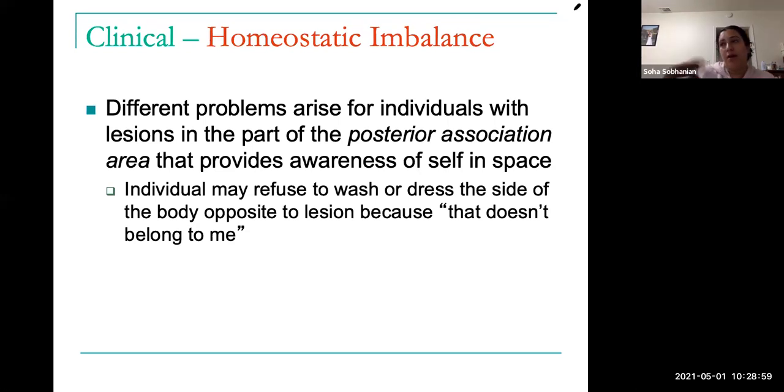Basically they say, this is not part of my body. They can see it's attached, but their brain says, no, this is not part of you. So they refuse to put clothes on because they believe that's not part of them, which is really creepy. Can you imagine the argument that happens inside? Your eyes tell you that your arm is attached to your body, but your brain says, no, this is not you. That always freaks me out.